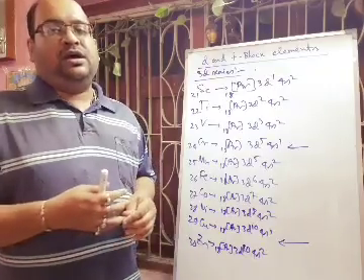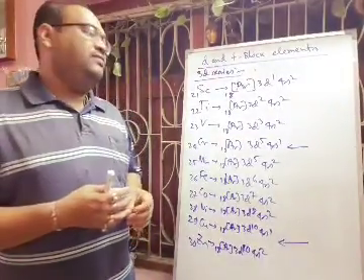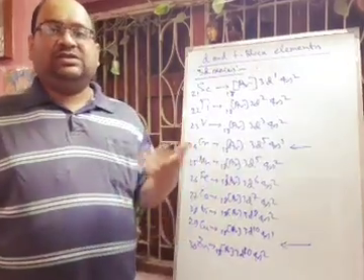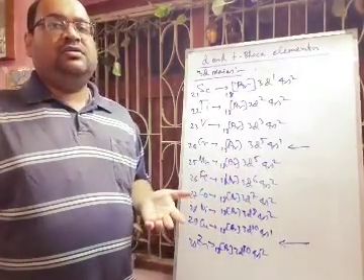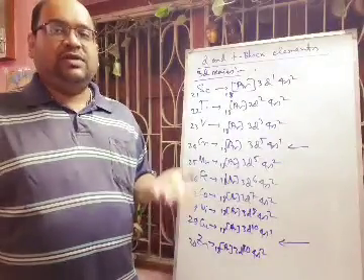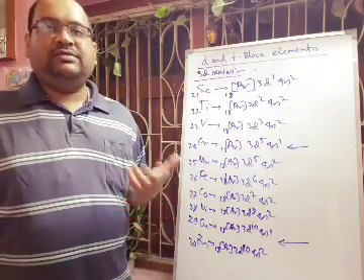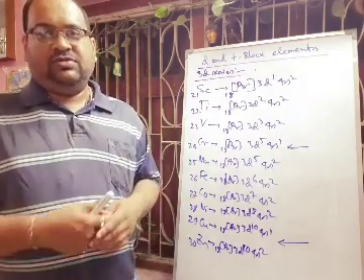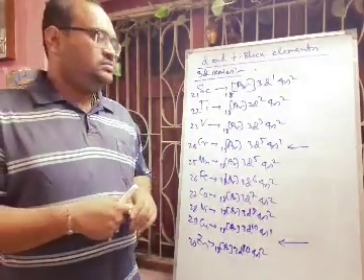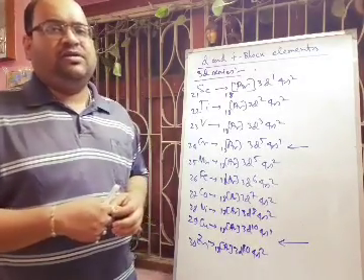Finally, another series is the 6d series. In the 6d series there are actinium, rutherfordium, dubnium, seaborgium, bohrium, hassium, meitnerium, darmstadtium, roentgenium, and finally copernicium. Again, there are some anomalous electronic configurations.